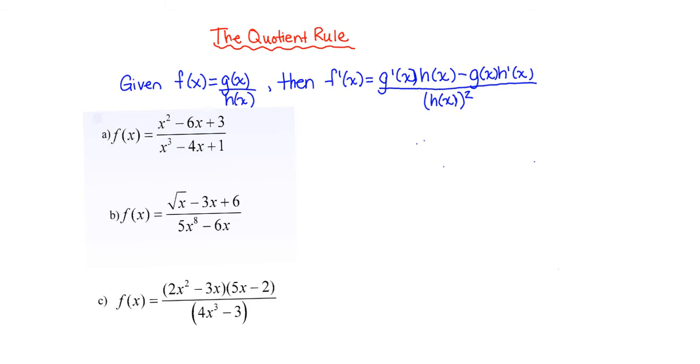So for part A, we're going to start by writing f prime at x. And our answer is going to follow this pattern from our rule. So the first thing we're going to do is find g prime at x, where the top is g at x. So basically, we could reword that to say just the derivative of the top.